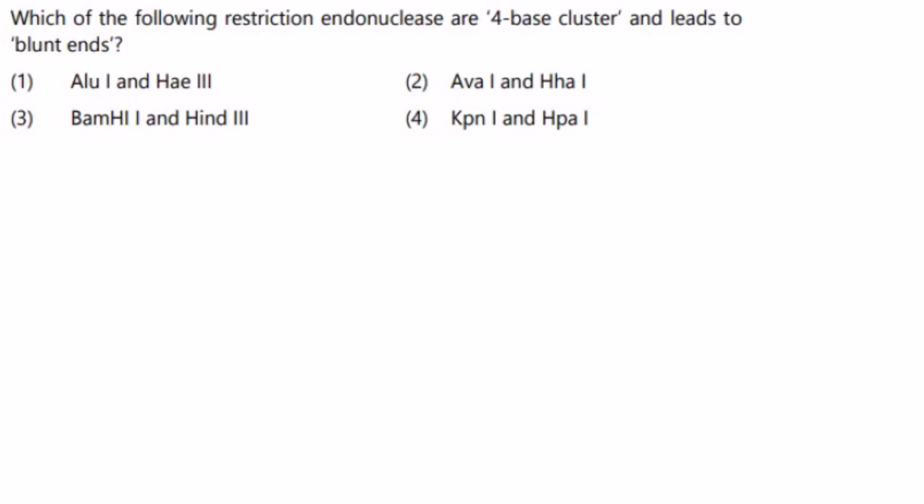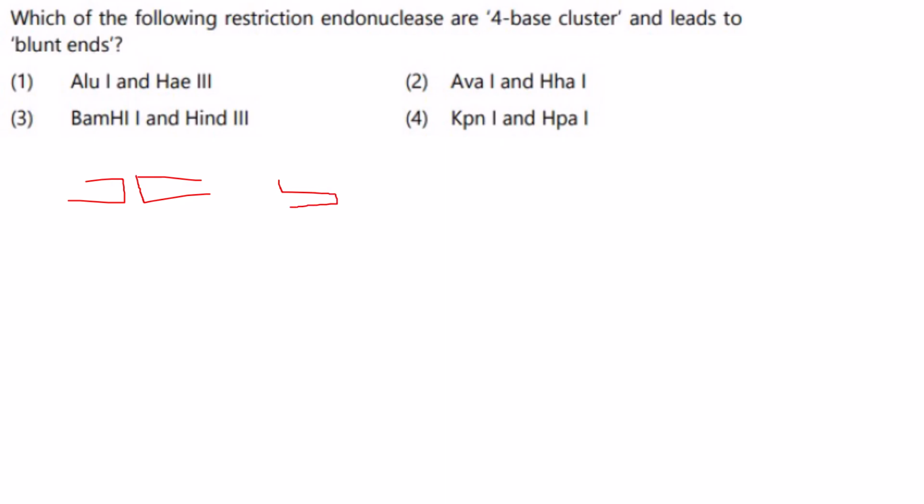Then the next one: which of the following restriction endonucleases are 4-base cutters and lead to blunt ends? This 4-base cutter means they recognize 4 nucleotides. Blunt ends means they will not be like this. If you cut at a particular restriction enzyme site, you will get this type of cut, that is blunt end.